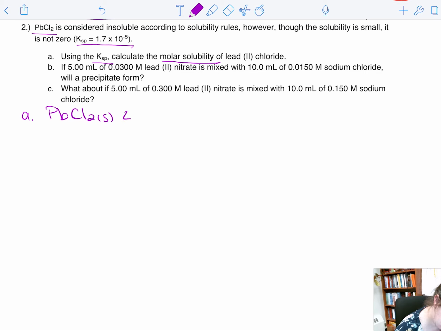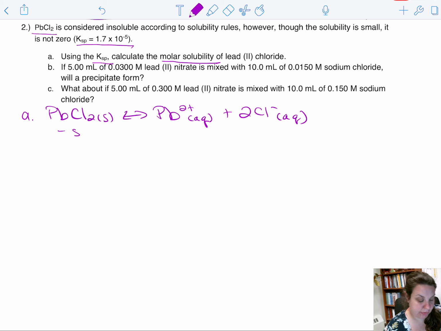It's going to break down into lead ions and 2 chlorine ions. Every time we dissolve however much of our lead chloride, we'll produce an equal amount of lead ions and 2 times as much chlorine ions due to our stoichiometry.